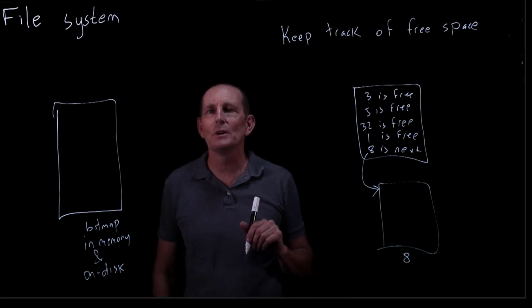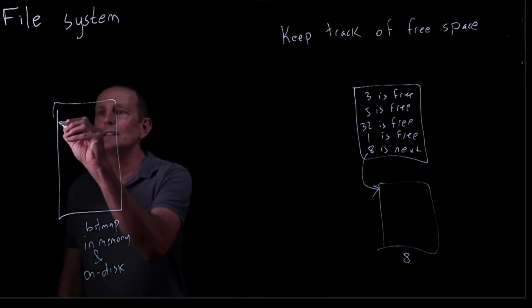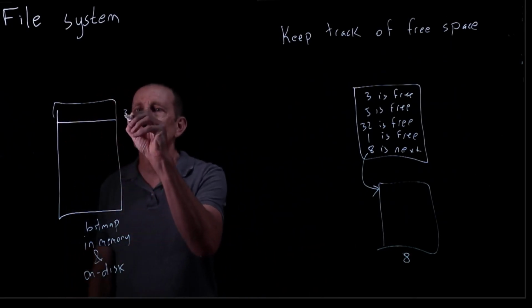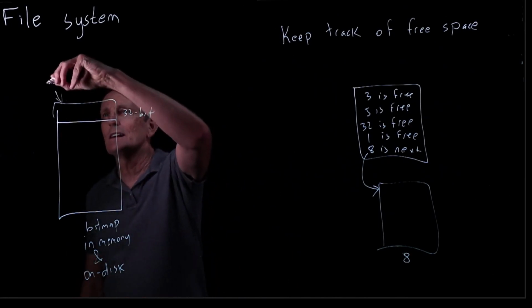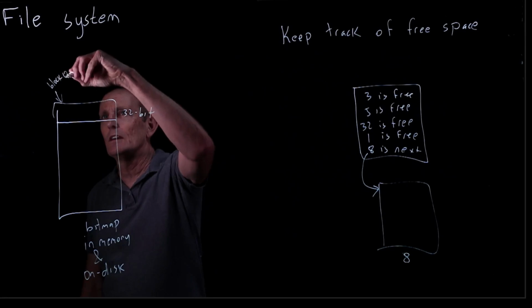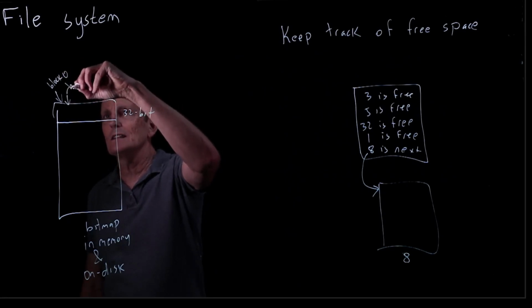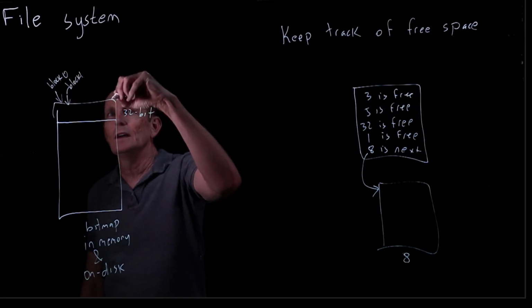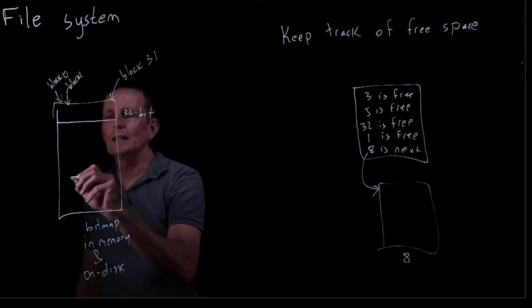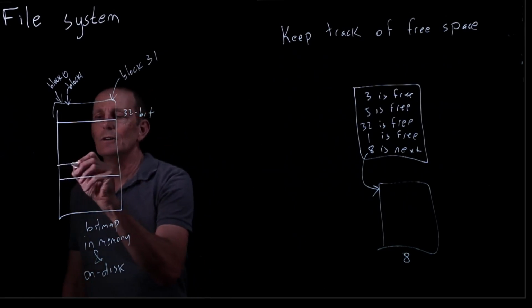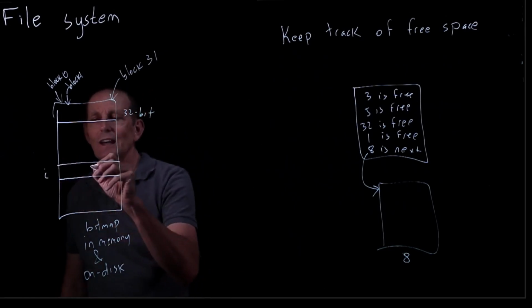So we have 1 bit per disk block. And if these are, let's say, 32 bits here, this would tell us the status of block 0. And the next bit would tell us the status of block 1, and this would tell us the status of block 31.